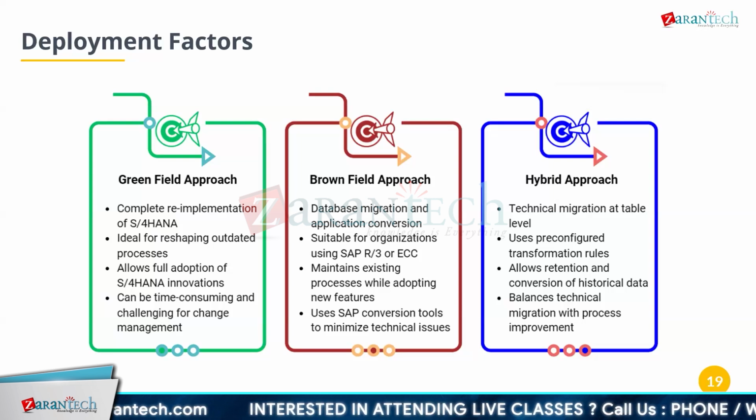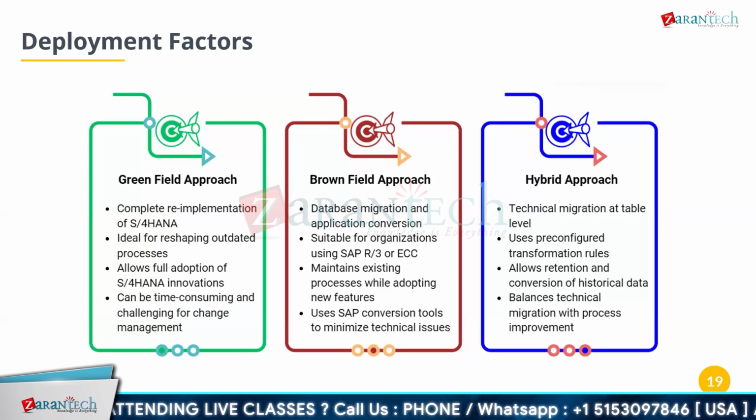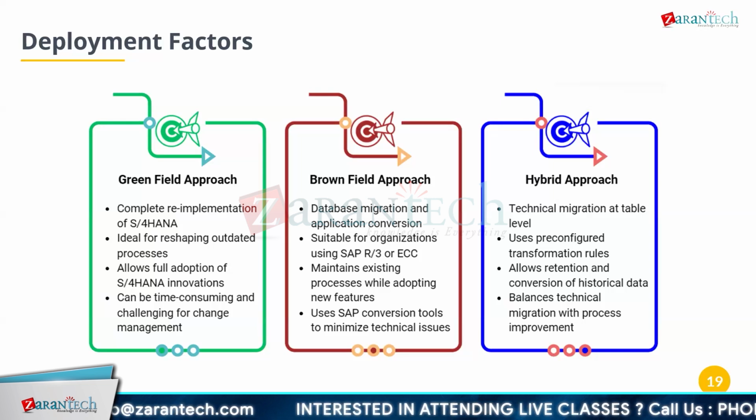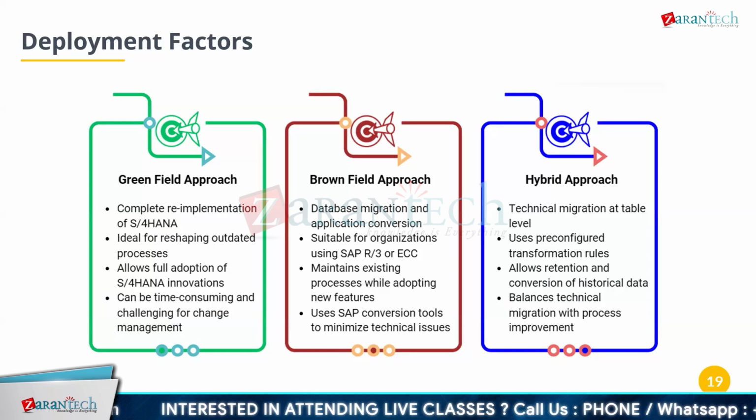It will allow you the full adoption of S/4HANA innovations, the available applications, and the Fiori apps. But this is a very time-consuming activity. When you start with a clean code implementation, you have to set up the system and do everything from ground zero. As well as that, the change management part is very critical in greenfield.